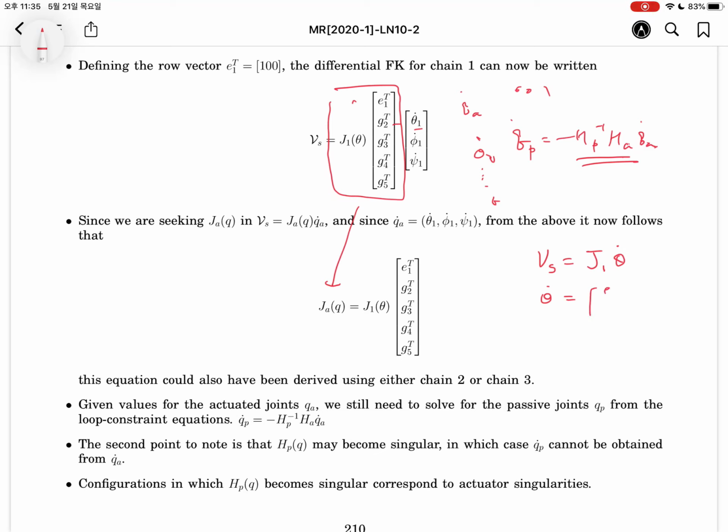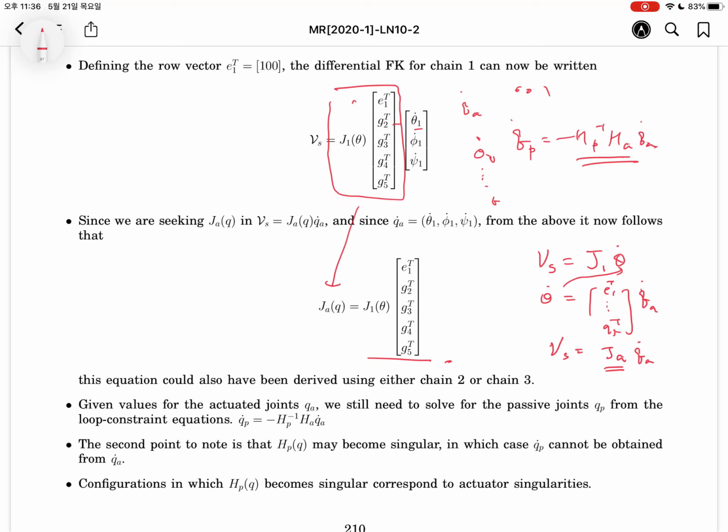Here, E1 transpose through G5 transpose, it will be obtained from the active joint. It is applied to here. So the twist of the end effector can be represented as a Jacobian from the active joint. Okay, JA is obtained like this.